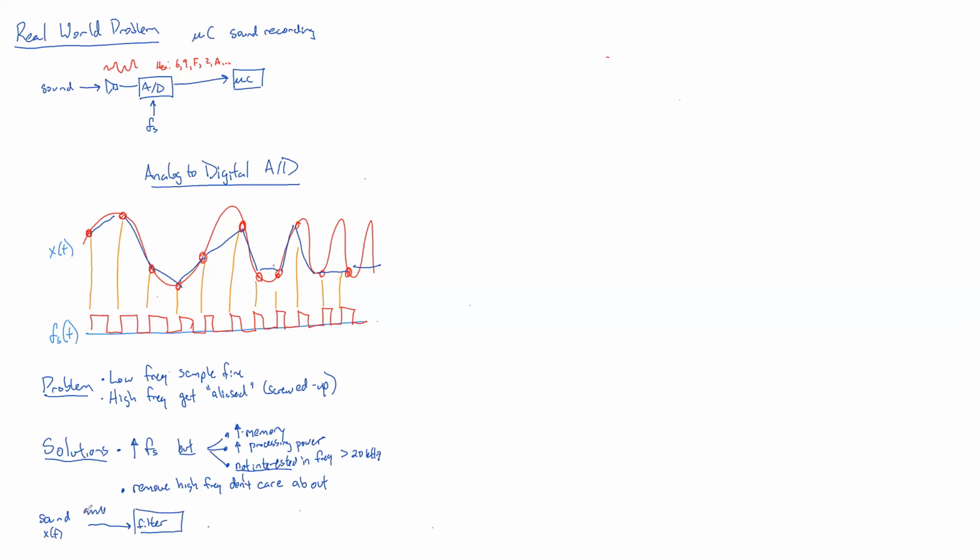So it's got some low and some high. Out of our filter, it only has the low part that you want. Now it goes into our A to D converter. And here's our sampling clock. And now this gives you what you want.